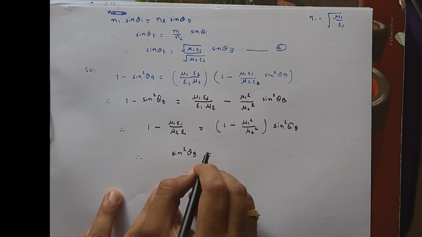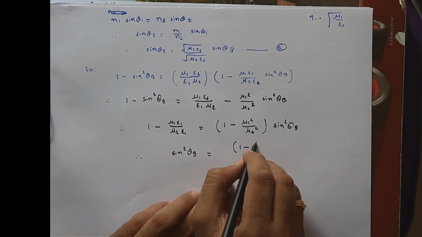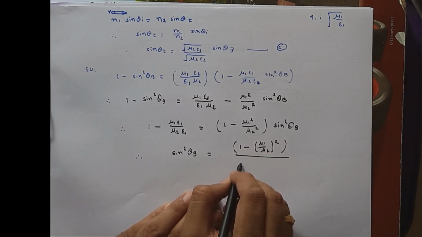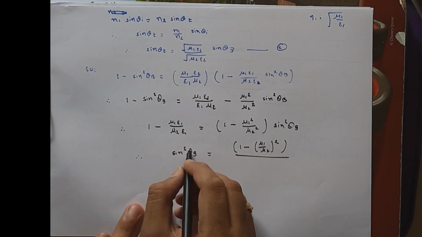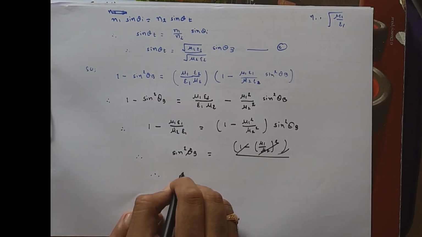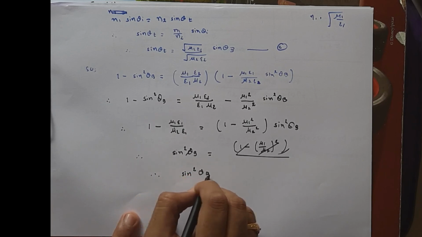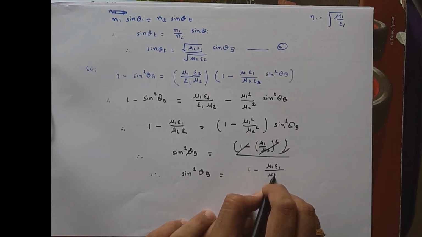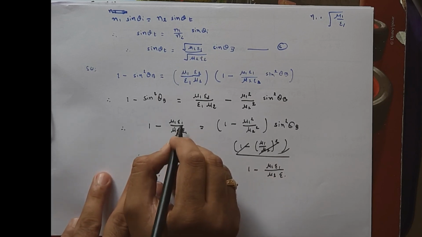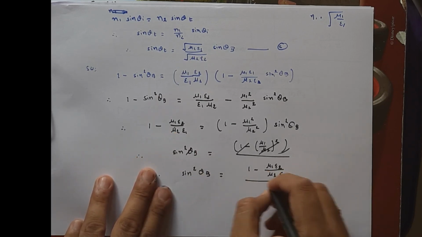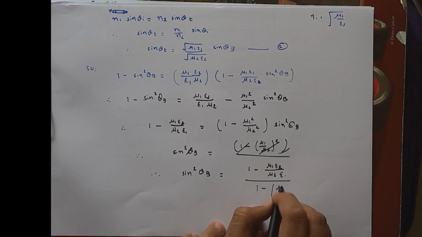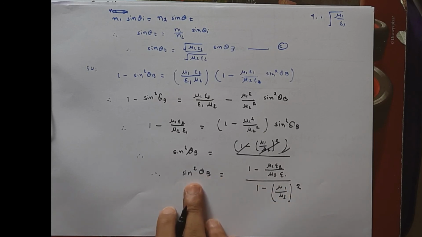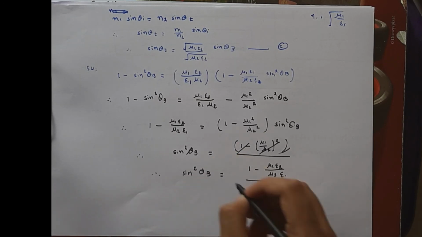Sin square theta b is equal to (1 minus mu1 epsilon 1 upon mu2 epsilon 2) divided by (1 minus mu1 by mu2 square). And if you remove this square, then this is under root.